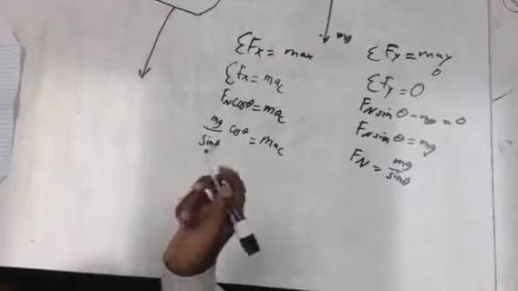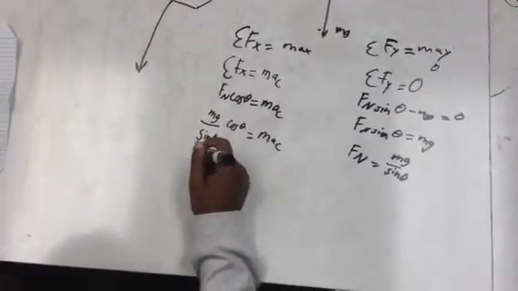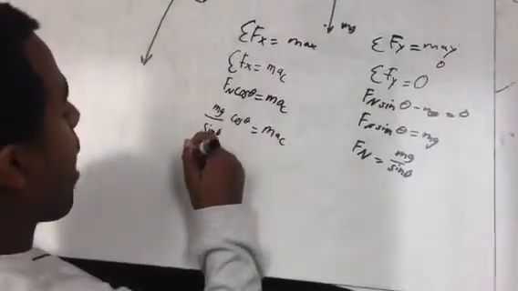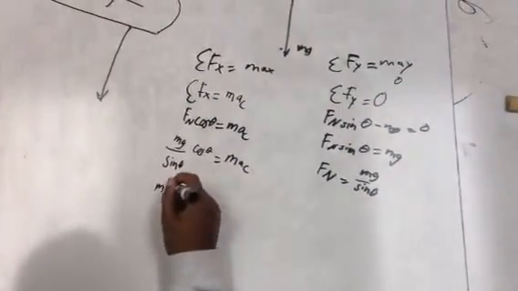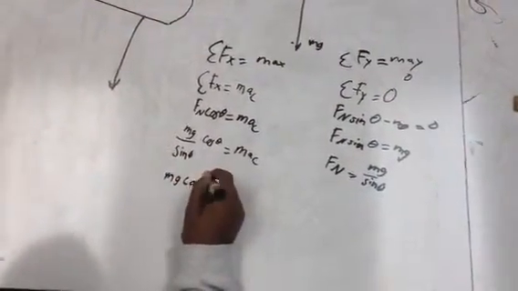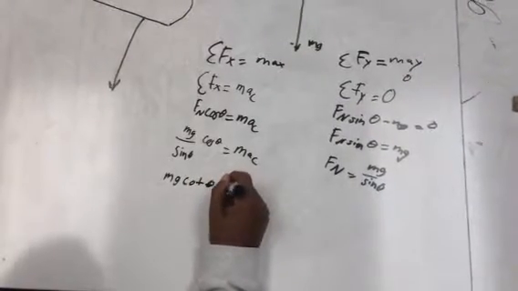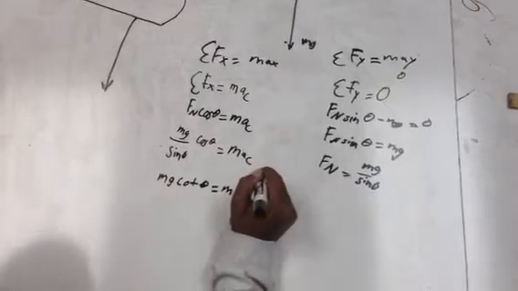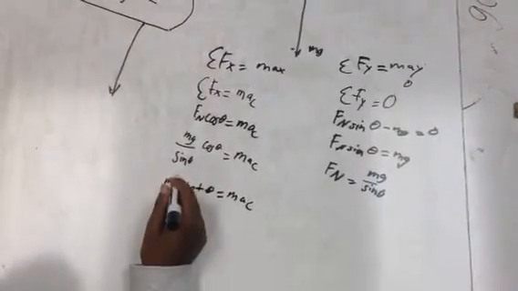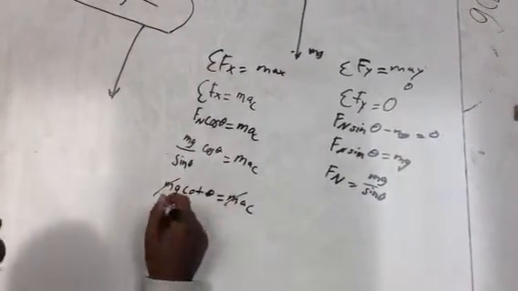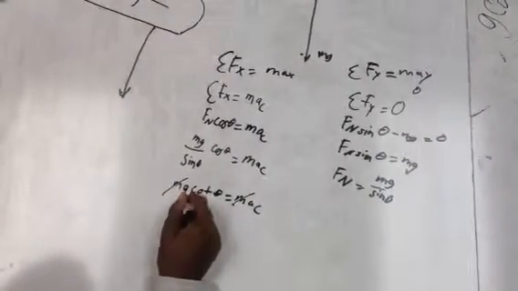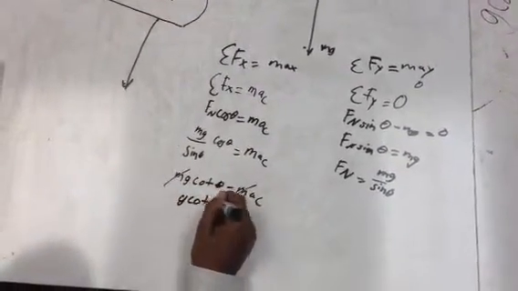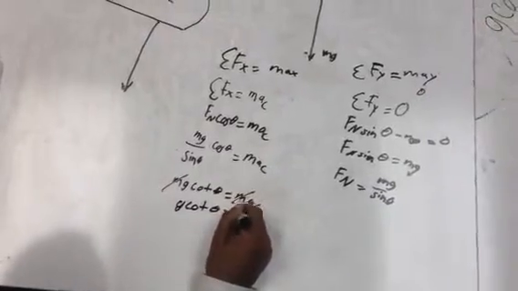So we have mg cotangent theta equals mass times centripetal acceleration. Using our algebra skills, we can cross out the masses on both sides. So we have g cotangent theta equals centripetal acceleration.